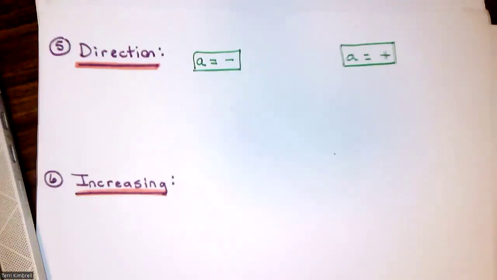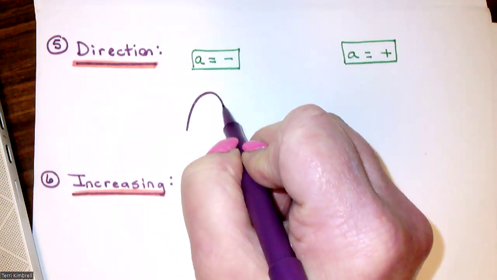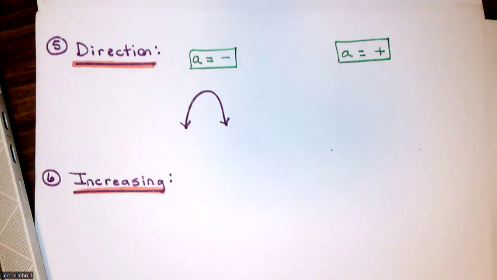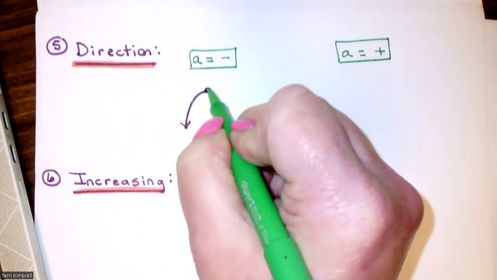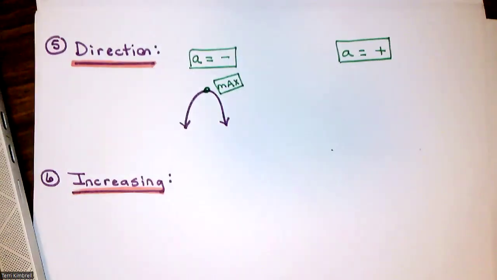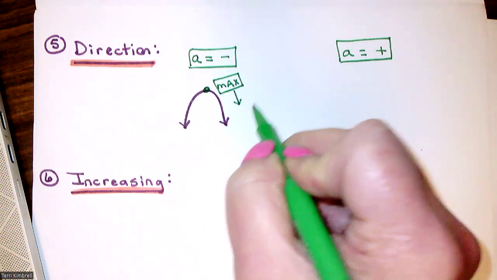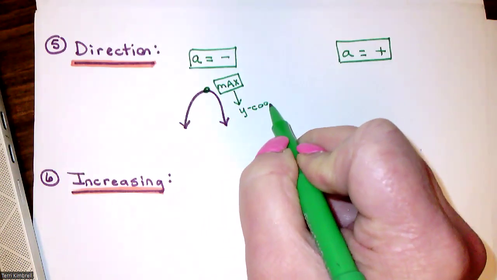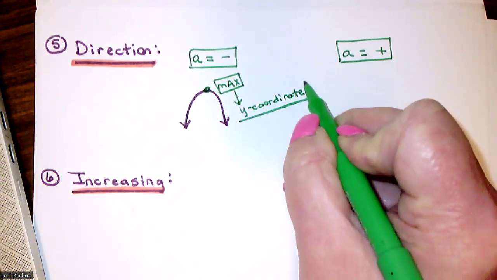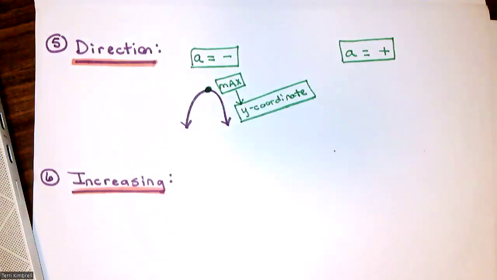So as we talked about earlier, if A is negative, the parabola, both ends are going to go down. Now, if that happens, it's like throwing a ball up and it's going to reach a maximum height. So that's going to have a maximum value. Now, the maximum value occurs at the y coordinate of the vertex. So when you're looking for your maximum height, you're going to look at your y to see how high that ball went.